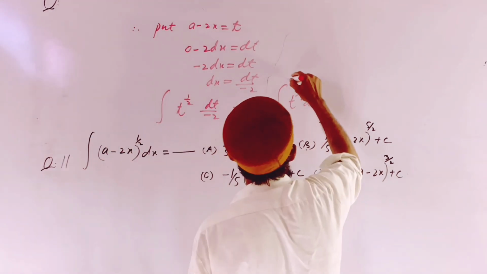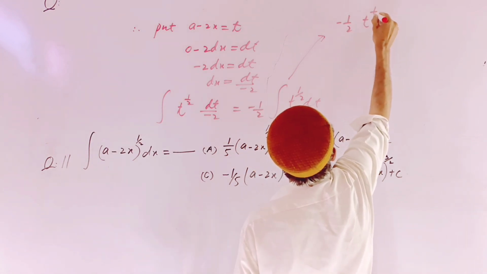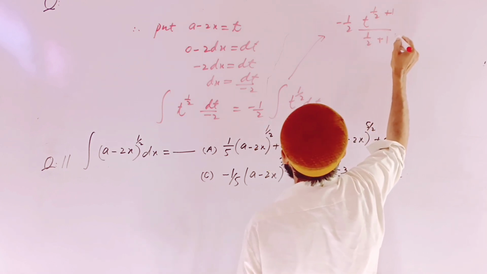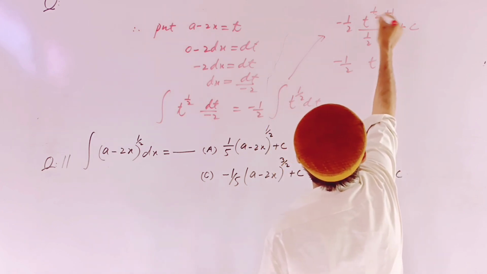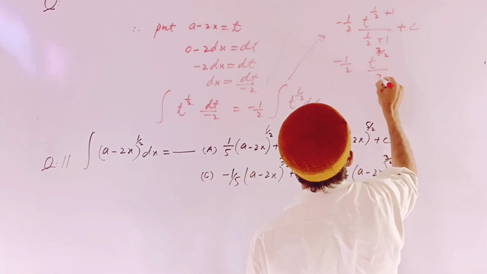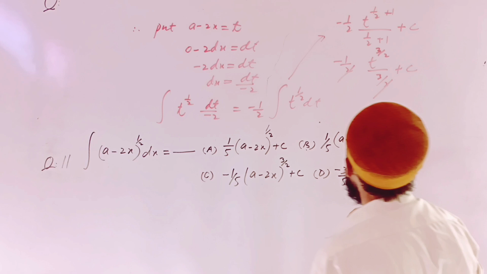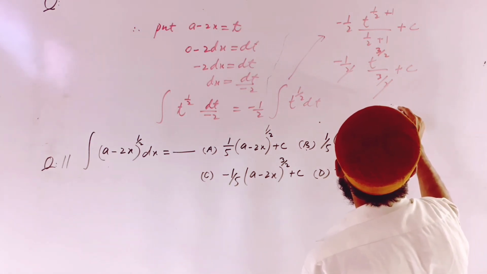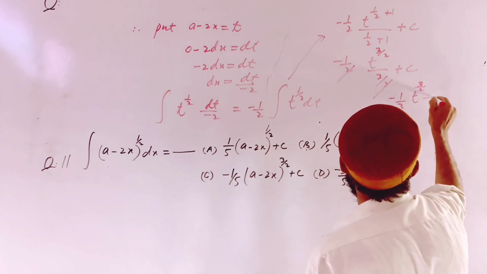Now we apply the power rule: minus 1 divided by 2 times t to the power 1 by 2 plus 1, plus c. Taking the LCM in the exponent we get 3 divided by 2, plus c. The 2s cancel, and we get minus 1 by 3 t to the power 3 divided by 2 plus c.